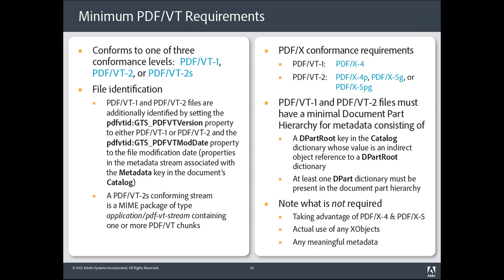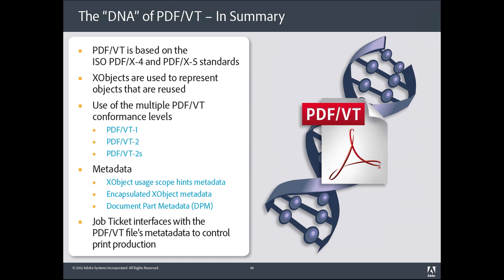There is nothing in the PDF VT file specifications that says you must really take advantage of PDF/X-4 and X-5. There's also nothing that says you must actually use X objects. And there's nothing that says you must have meaningful metadata. You just have to have a root for expressing it. Okay? So we're basically expressing the outline of a religion here, but we're not saying exactly how you must observe it. Okay, how religious you must be.